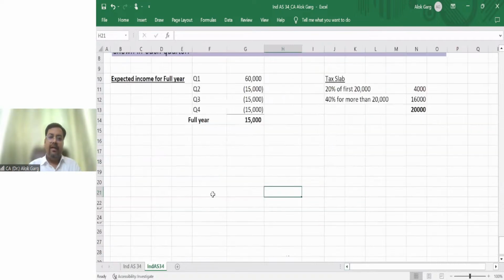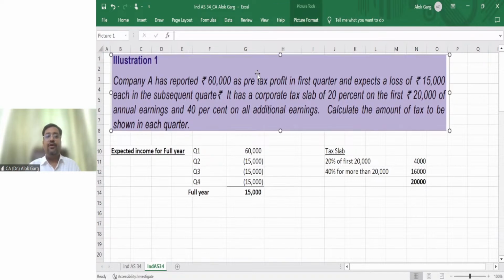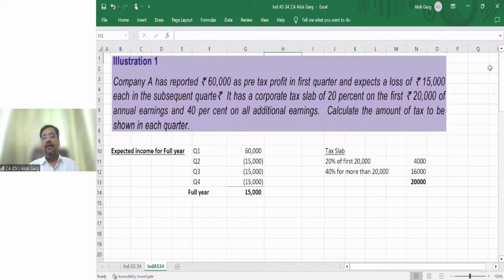So let me explain with the help of this example illustration in the institute study material. You will be able to understand the measurement and recognition of income taxes with the help of this example. Company A has reported rupees 60,000 profit before tax in the first quarter and expects a loss of rupees 15,000 in each subsequent quarter.